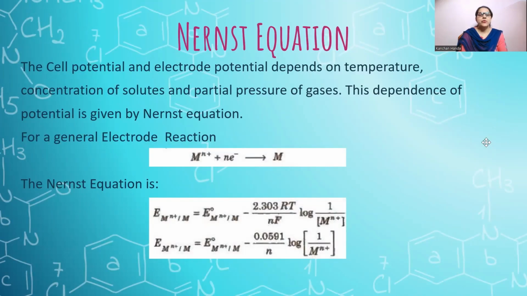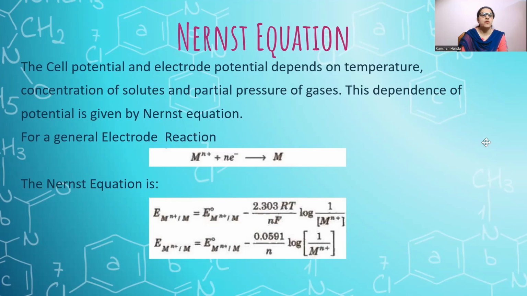Here is the Nernst equation by using which we can calculate or find out cell potential or EMF of the cell. Cell potential and electrode potential depend upon temperature, concentration of solutes, and partial pressure of gases.